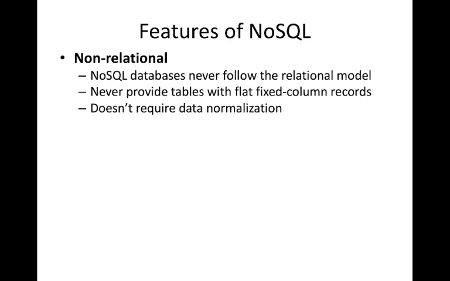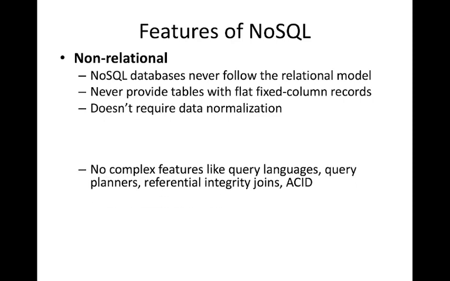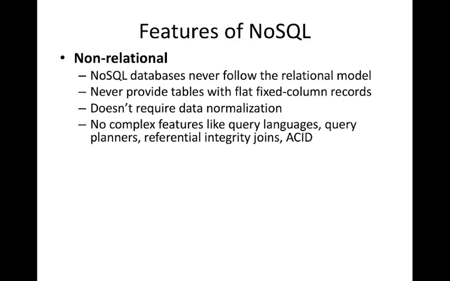Then it doesn't require data normalization. Here there is no normalization. There are no complex features like query languages, query planners, referential integrity, joins or ACID properties. All these things are not there in NoSQL database.